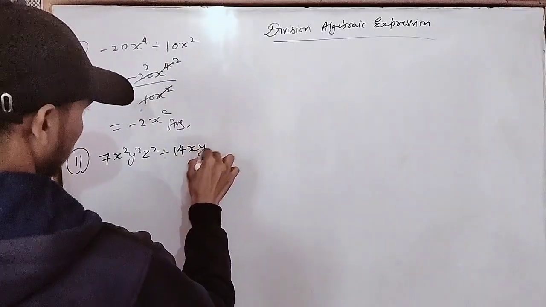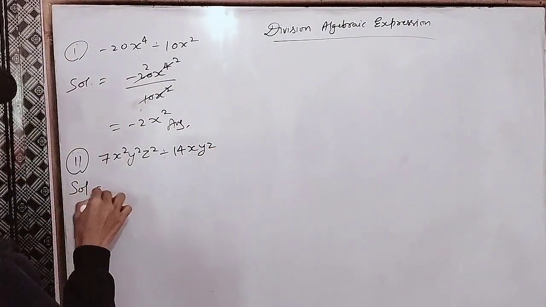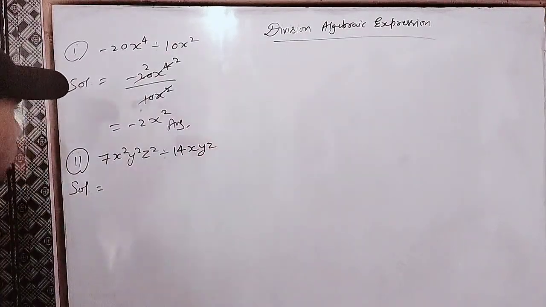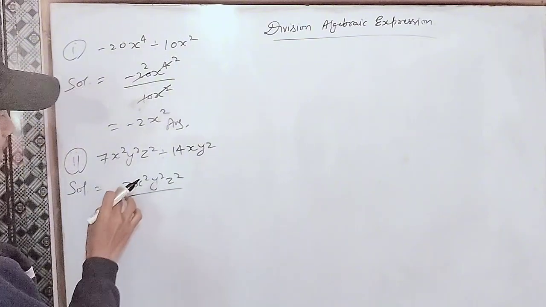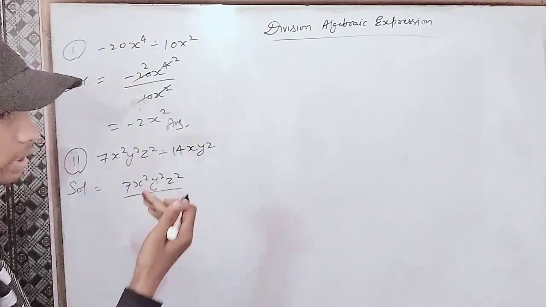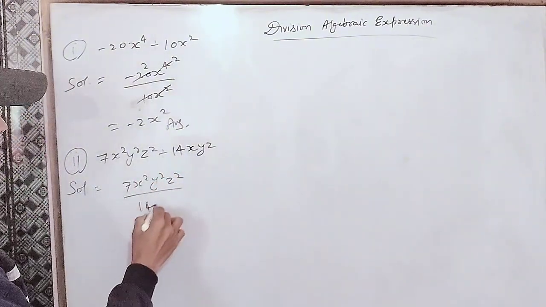Second. So we have two terms. It can be written as 7x square y square z square upon 14xyz.